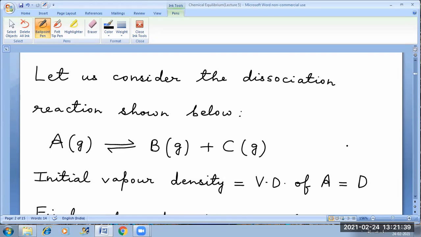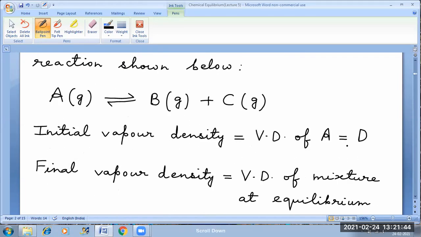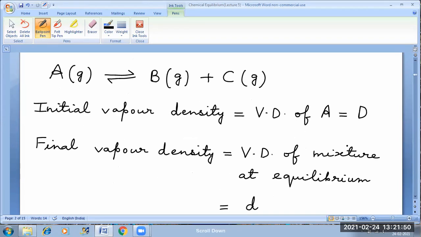And after equilibrium is established, the vapor density is called final vapor density. And it is denoted by small d. So understand the notations first. Initial vapor density is capital D, final vapor density at equilibrium is small d.